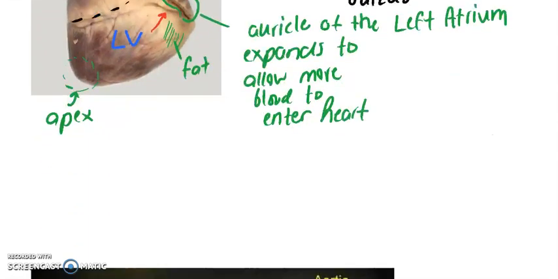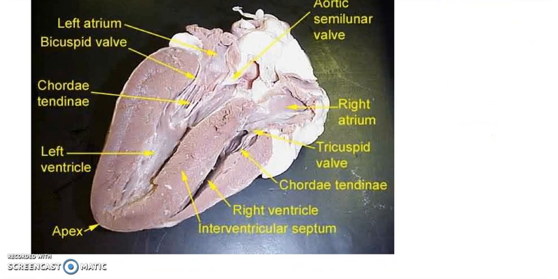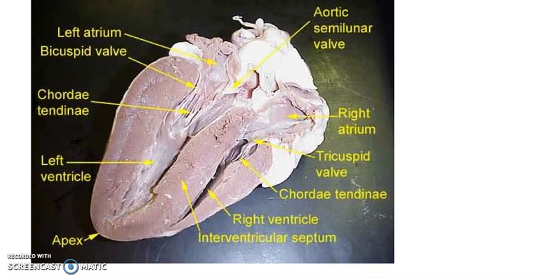Okay, now here is the same structure, but cut in half. So I'm going to highlight the structures you should be familiar with. Here is again the apex. Here's the left ventricle. We can tell it's the left ventricle because it has a thick muscular wall, compared to this chamber here, which has a not as thick muscular wall.